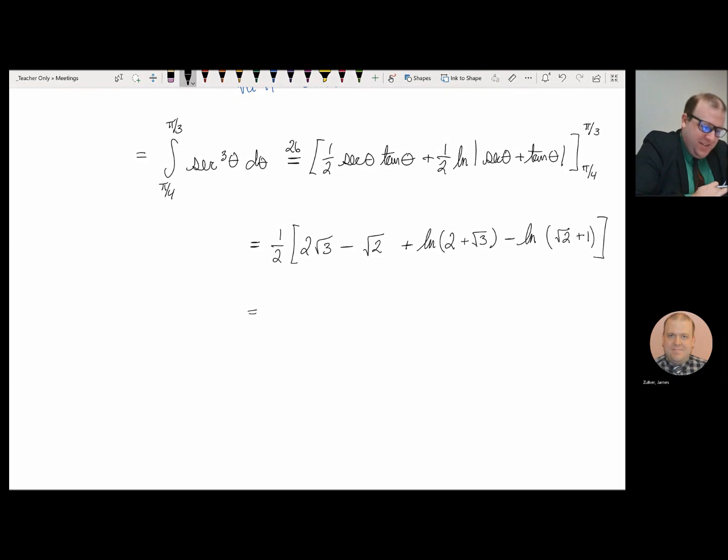Distribute that half through. And there is your average value. Or if you really wanted to, you could write the half log of that as log of the square root of that entire thing.